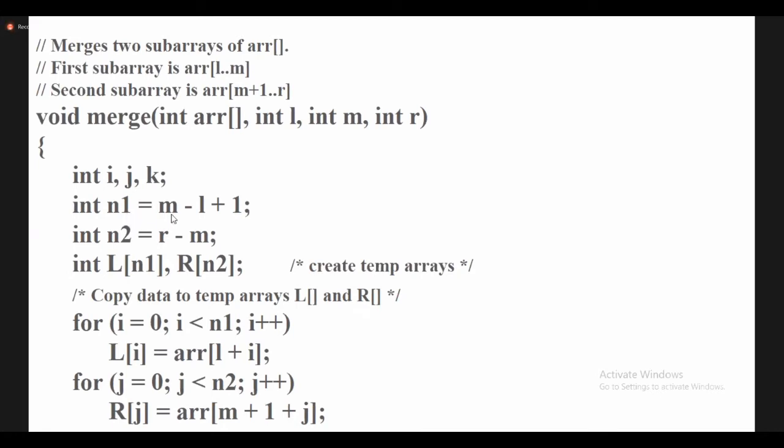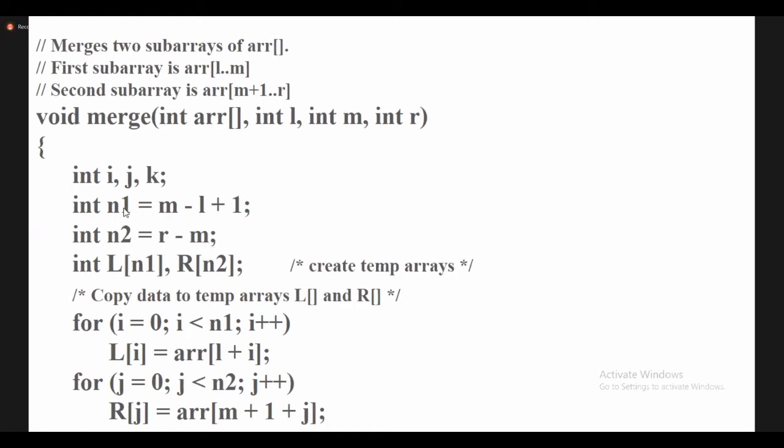N1 means M minus L plus 1, the size of the left side part array. N2 is R minus M, the size of the right side part array.